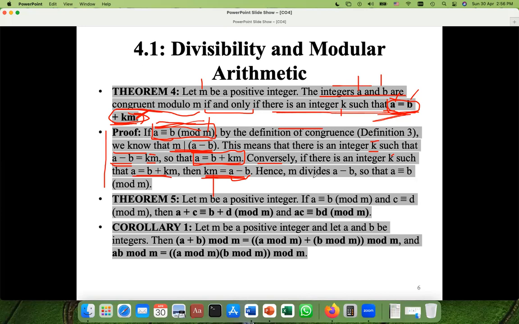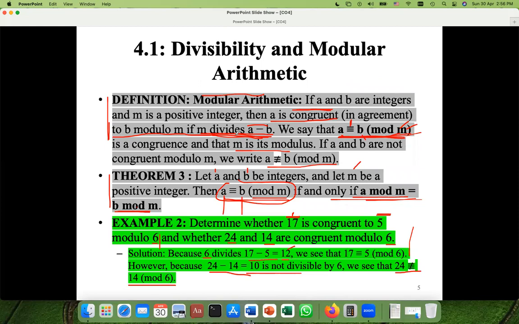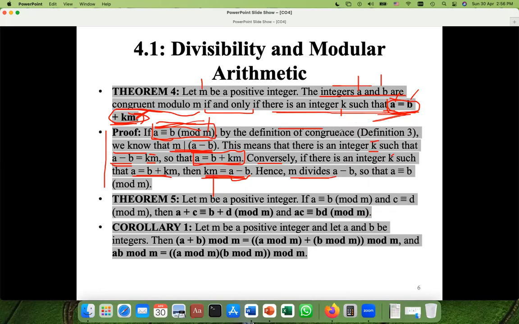When M divides A minus B, this is the definition of congruence according to the previous slide. When M divides A minus B, then it means this is the congruence between A and B. So when M divides this, I can write A is congruent to B mod M, which is the left hand side. So this is the direct proof.